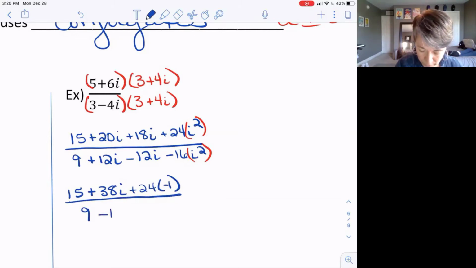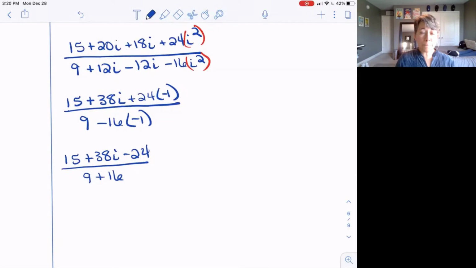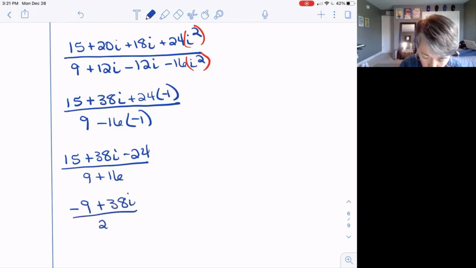And then we get negative 16 times negative 1. So we have 15 plus 38i minus 24 over 9 plus 16. 15 minus 24, what is that? Negative 9. Negative 9 plus 38i over 25.